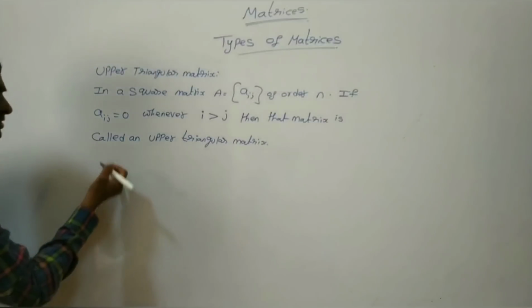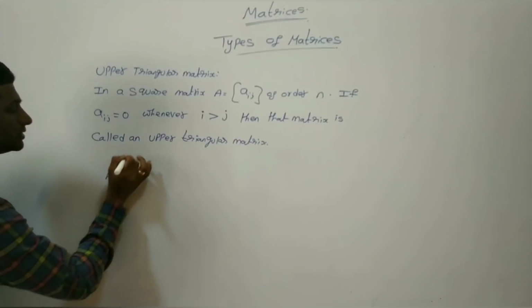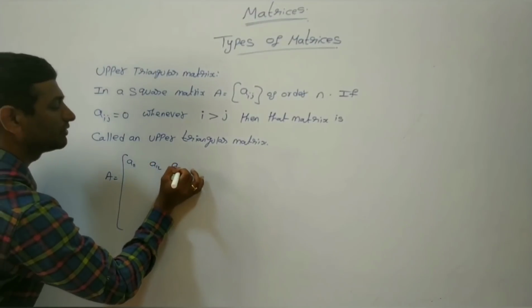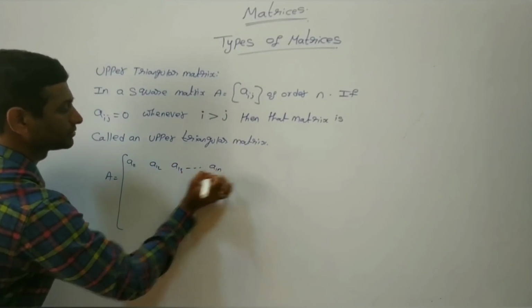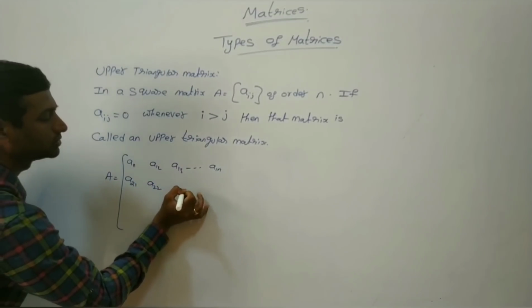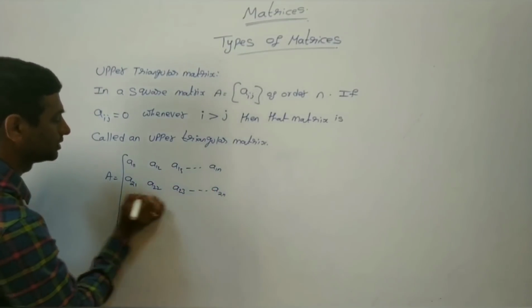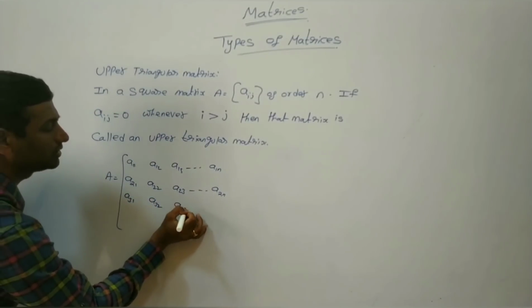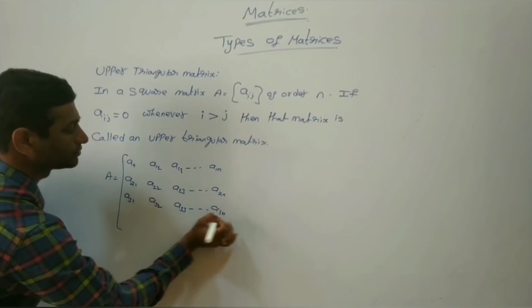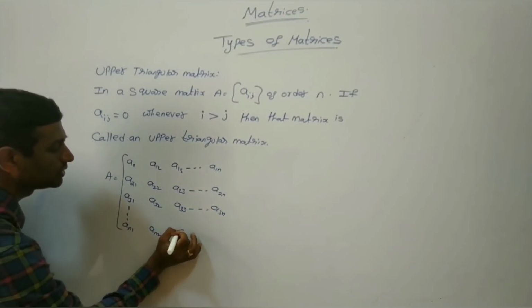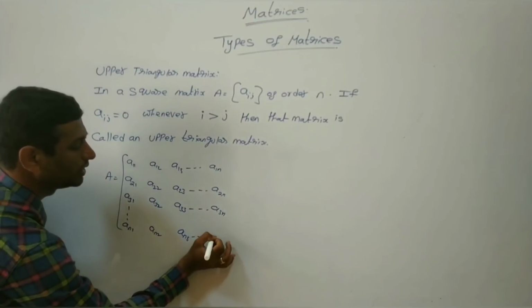Now we will see the general representation of the square matrix, that is A11, A12, A13, so on, A1n, A21, A22, A23, so on, A2n, A31, A32, A33, so on, A3n, AN1, AN2, AN3, so on, ANn.